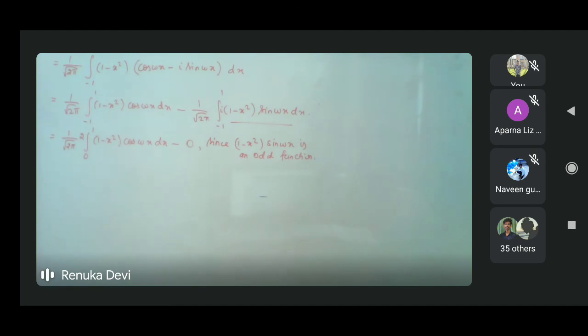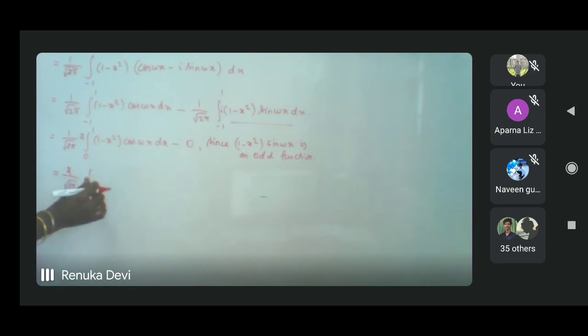Now we have to integrate this. How will you integrate this? This is twice by root 2 pi, 0 to 1, 1 minus x squared cos wx, or you can use Bernoulli's formula also. This is our integration by parts.